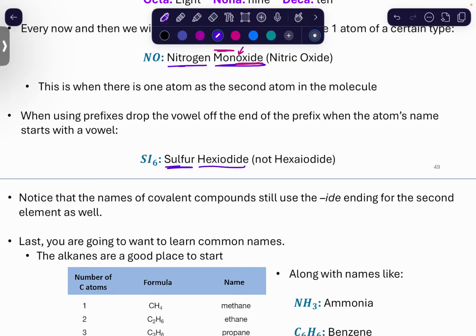We'll do oxidation states at another time. But so you have your I6. So that's sulfur hexaiodide, I'm not using oxide, switch my brain over. Not hexa iodide, because iodide starts with a vowel, so I just dropped that A off the end of hexa.